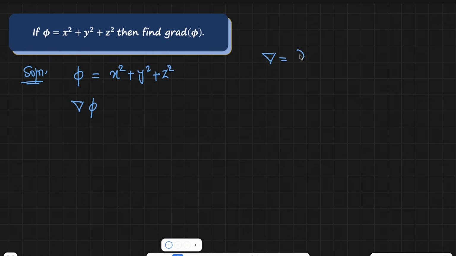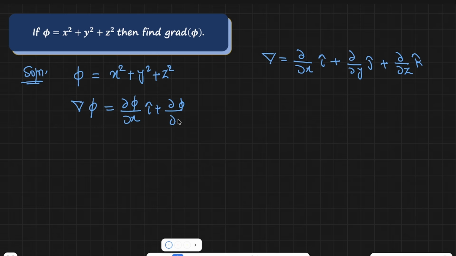Gradient is dou by dou x of i cap plus dou by dou y of j cap plus dou by dou z of k cap. Applying this to phi gives dou phi by dou x i cap, dou phi by dou y j cap, and dou phi by dou z k cap.